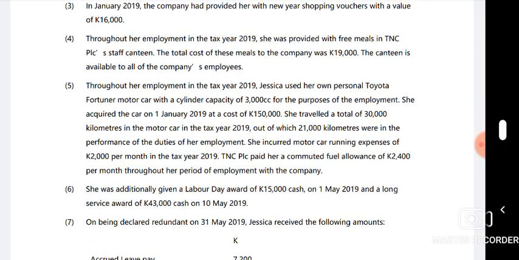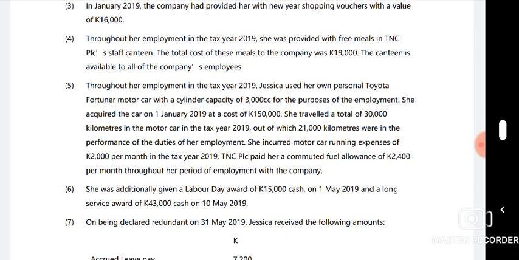She traveled a total of 30,000 kilometers in the motor car in the tax year 2019, out of which 21,000 kilometers were in the performance of the duties of her employment. Then she incurred motor car running expenses of 20,000 per month in the tax year 2019. TNC paid her a commuted fuel allowance of 2,400 per month through her period of employment.